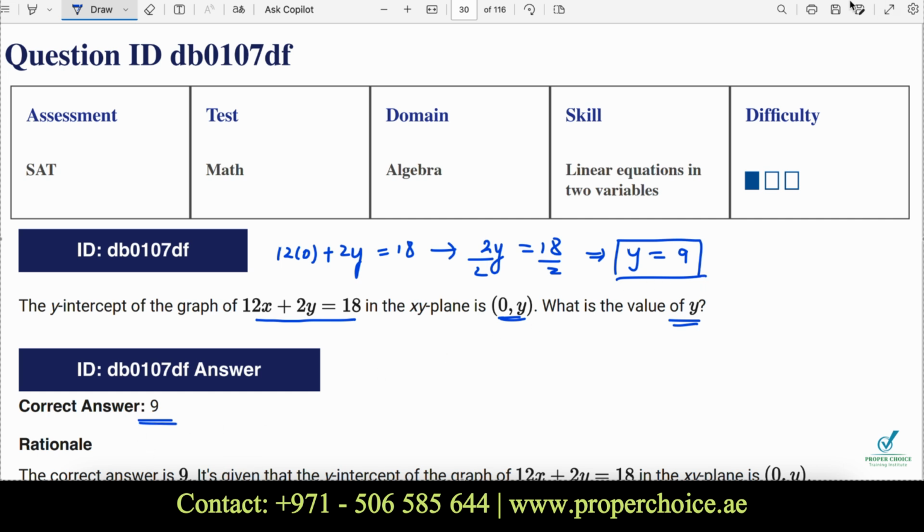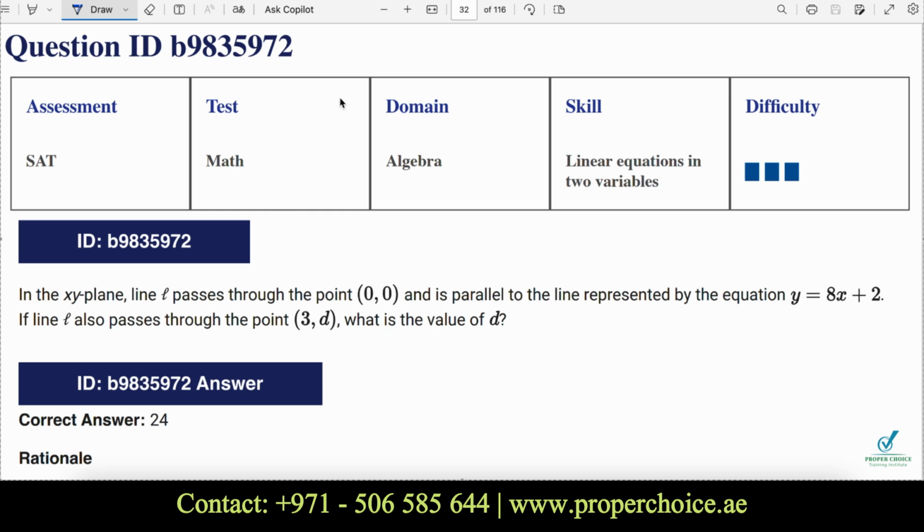It's a simple question. In the xy plane, line L passes through the point (0, 0) and is parallel to the line represented by the equation y equals 8x plus 2. If line L also passes through the point (3, D), what is the value of D?